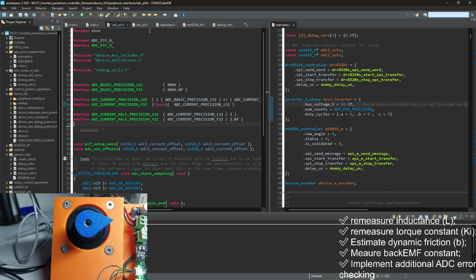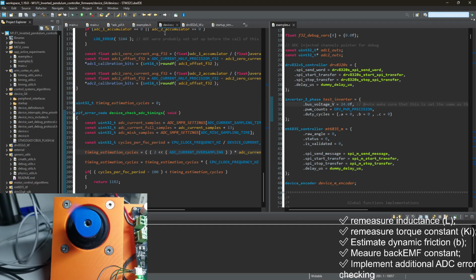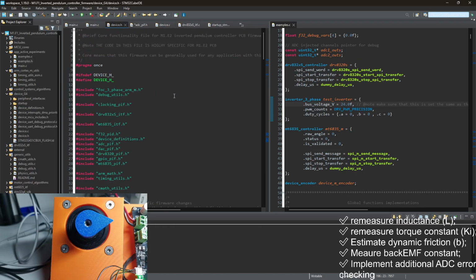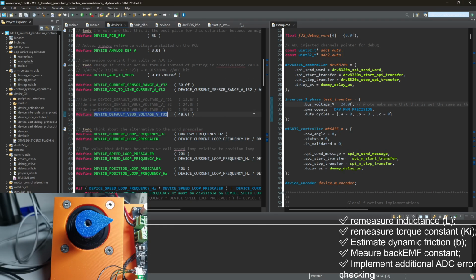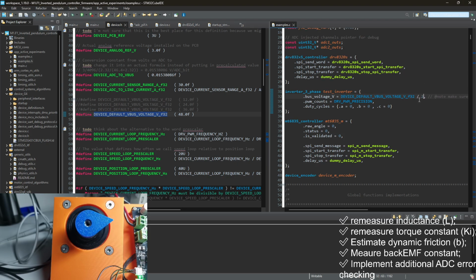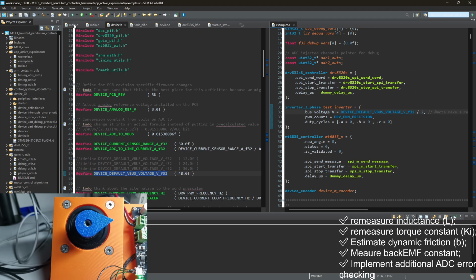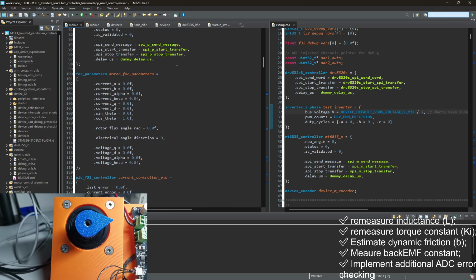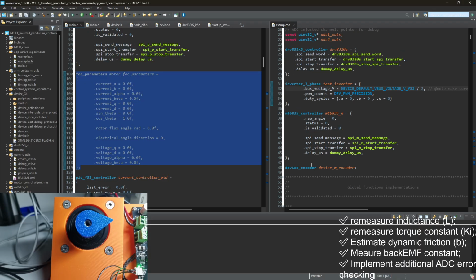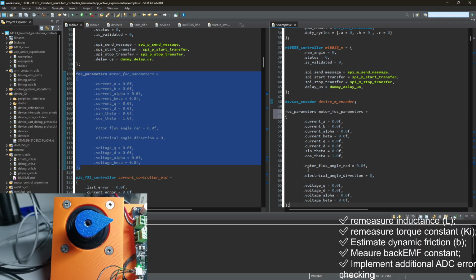Not here. Here. This value divided by 2. Okay, and we need FOC parameters, of course, which are here. Let's add them.